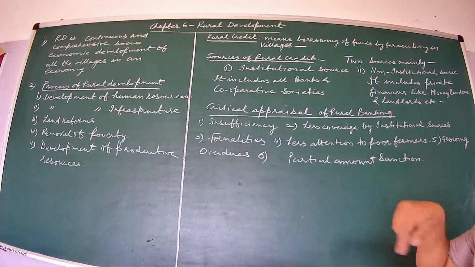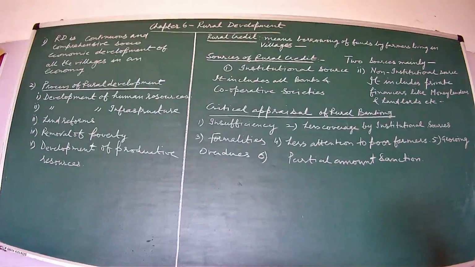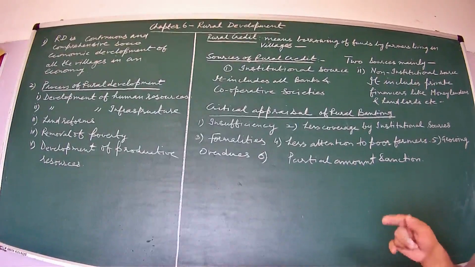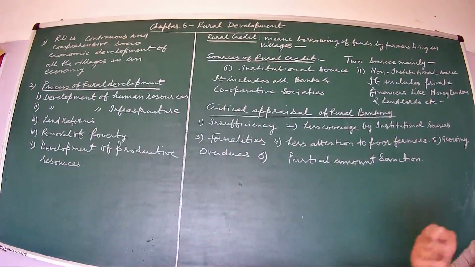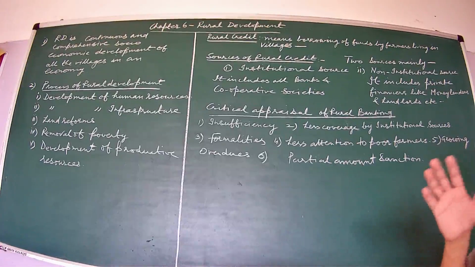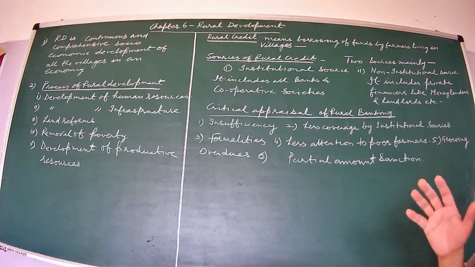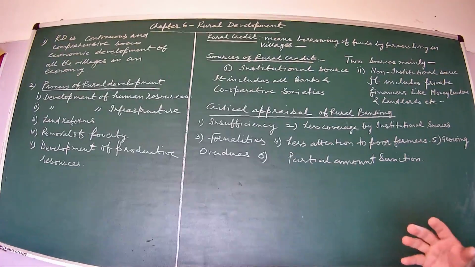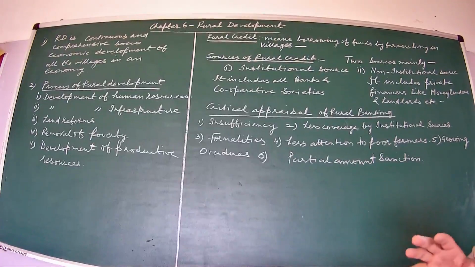Continuous means continuously, as well as completely. Complete socio-economic changes in the village should occur. That is called rural development.